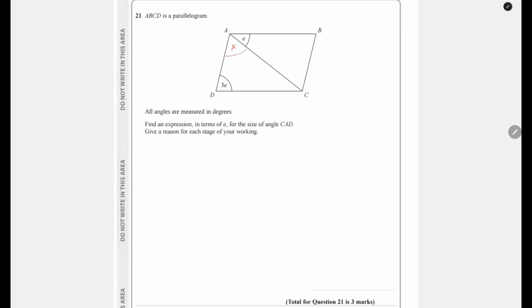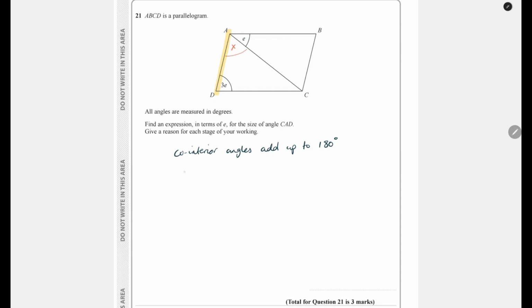Let's call it X. Now we know from our rules of parallelograms that two angles that are on the same line, so for example on line AD, both angles in each corner will add up to 180. So we can call that co-interior, or in our case, the angles that are on the same line add up to 180 degrees.